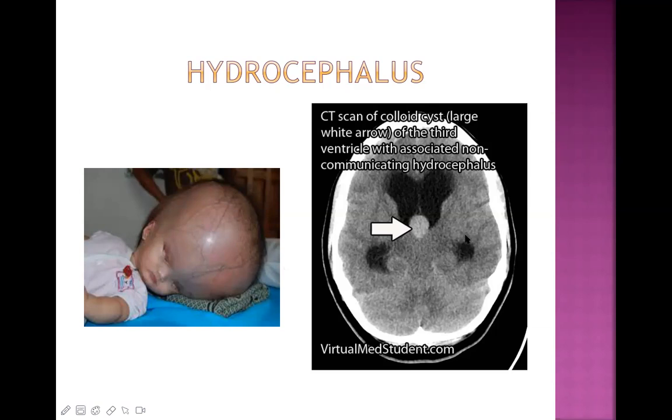Now this is the CT scan, and this CT scan is showing there is a colloid cyst here. This colloid cyst is blocking the flow of CSF, leading to dilation of the lateral ventricles. The third and fourth ventricles are not dilated here because they are not affected.